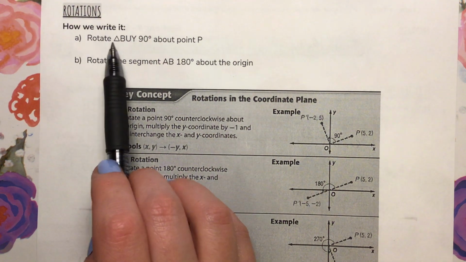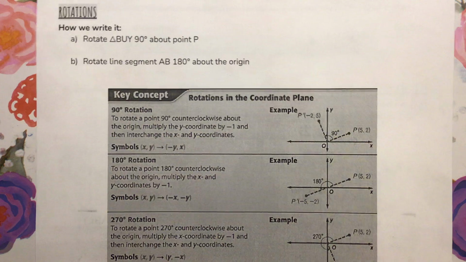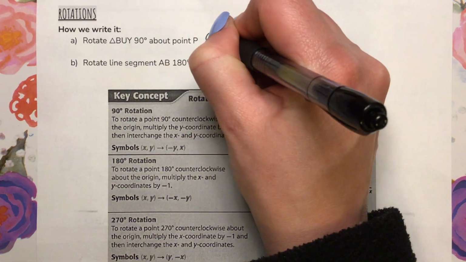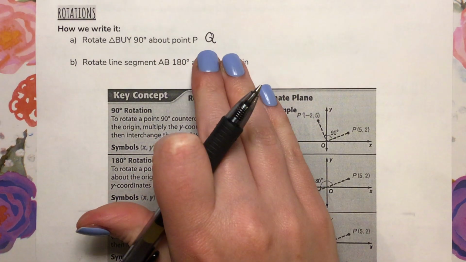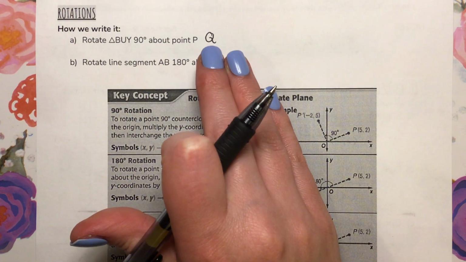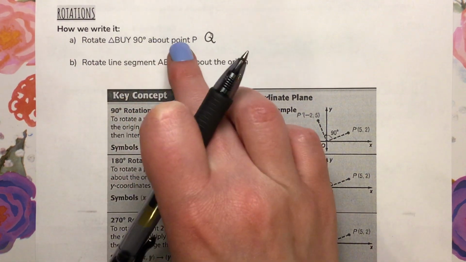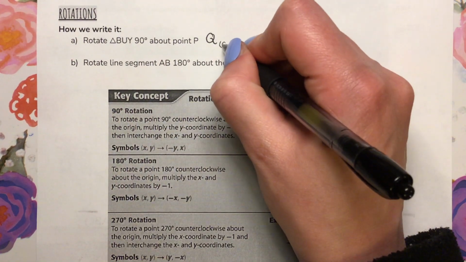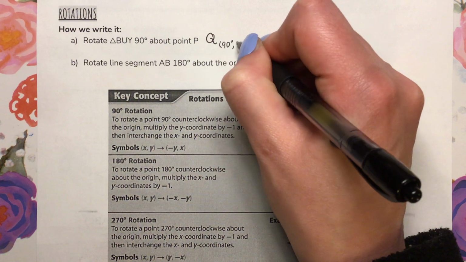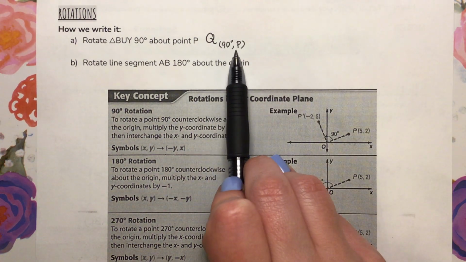So this says, rotate triangle BUY 90 degrees about point P. So we're going to put Q. Q means rotate. We still need a rule of how to rotate, though. This says 90 degrees about point P. So I'm going to put 90 degrees, comma, P. So that's letting us know rotate 90 degrees about point P.